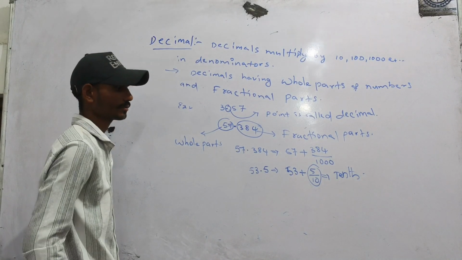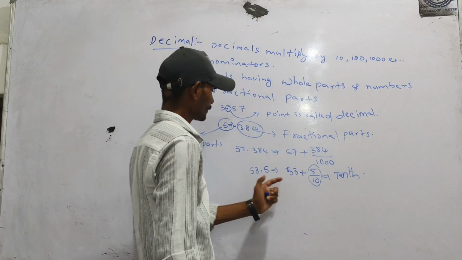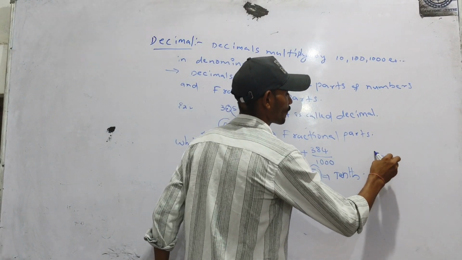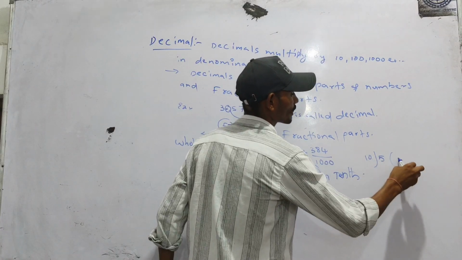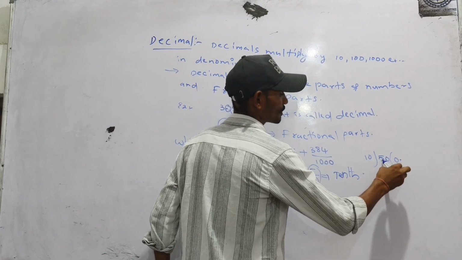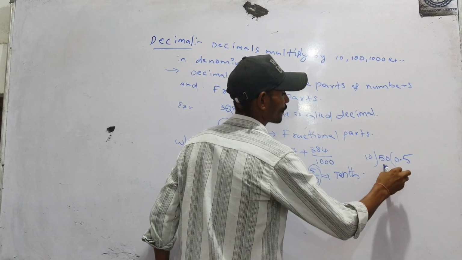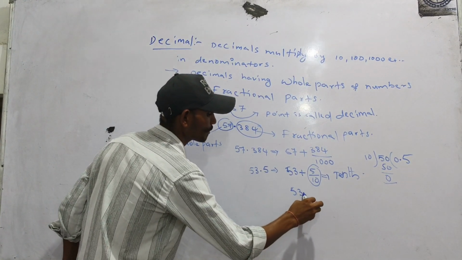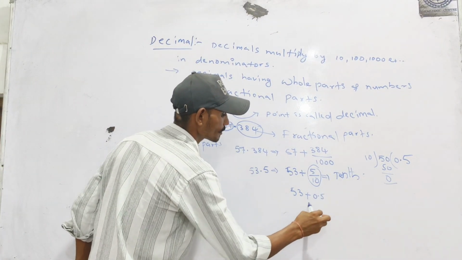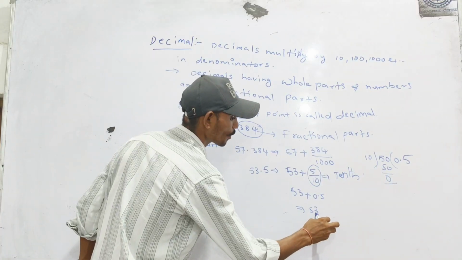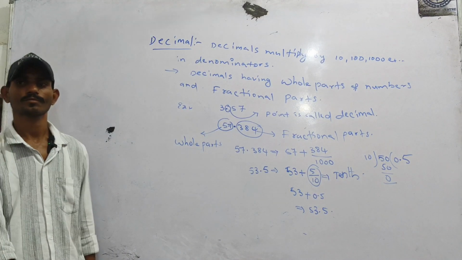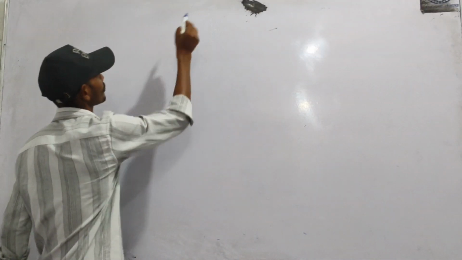Because of this 53, when you divide 5 by 10 you get 0.5. So when you add 53 plus 0.5 you get 53.5.